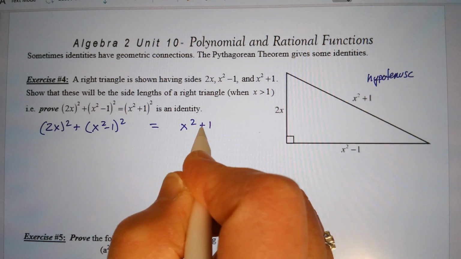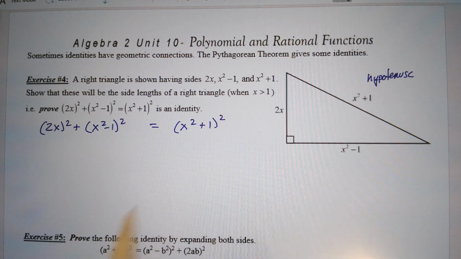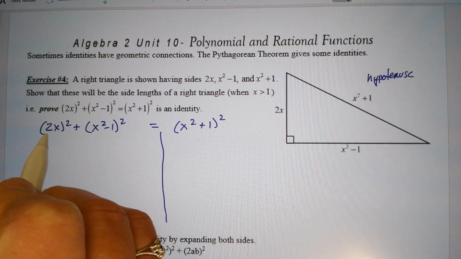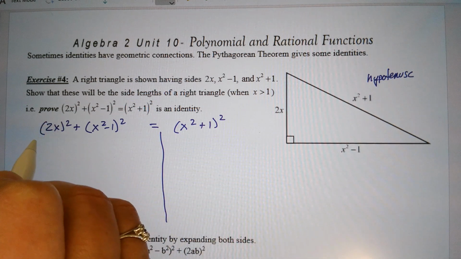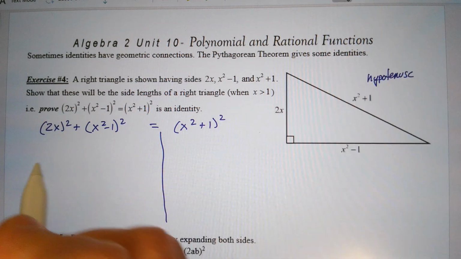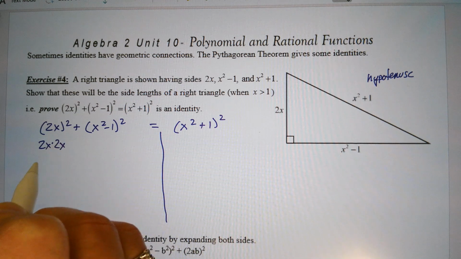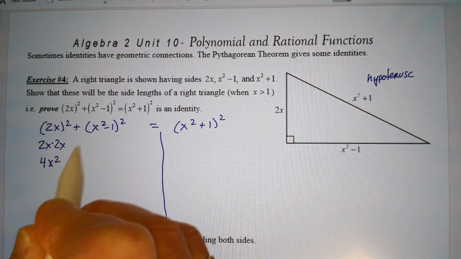Well, it looks like we have a lot of squaring to do here. (2x) squared, that's 2x times 2x, which is 4x squared.